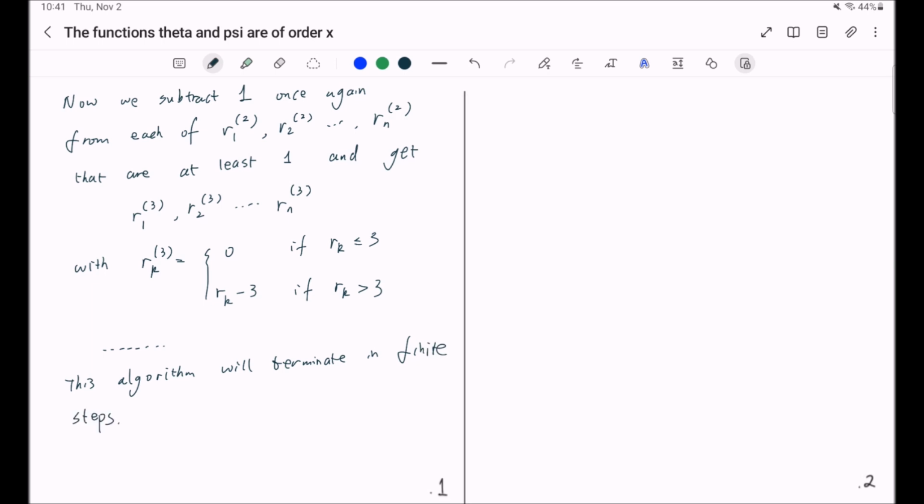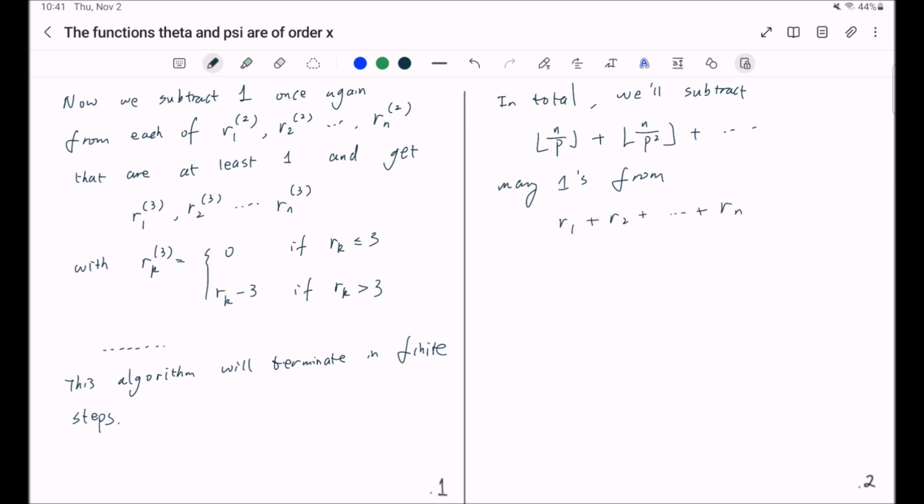And in total, we'll subtract how many? n divided by p floor plus n divided by p squared floor plus and so on, many ones from R1 plus R2 plus Rn.